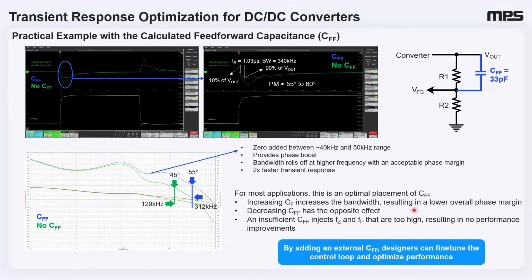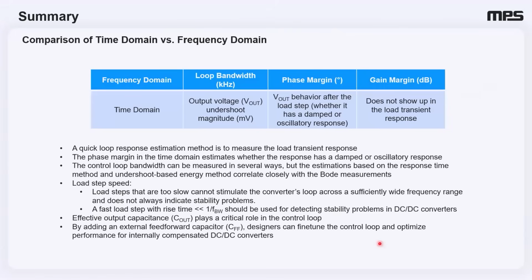Decreasing CFF has the opposite effect. If CFF is too small, the zero and pole frequencies will be pushed too high, resulting in no performance improvements on the bandwidth and phase margin. So by adding an external CFF, designers can fine-tune the control loop and optimize their performance.